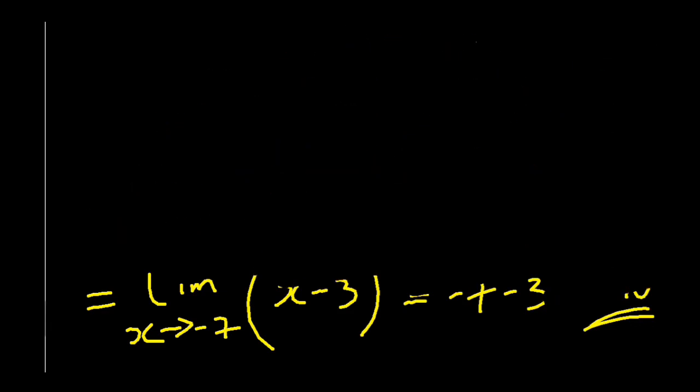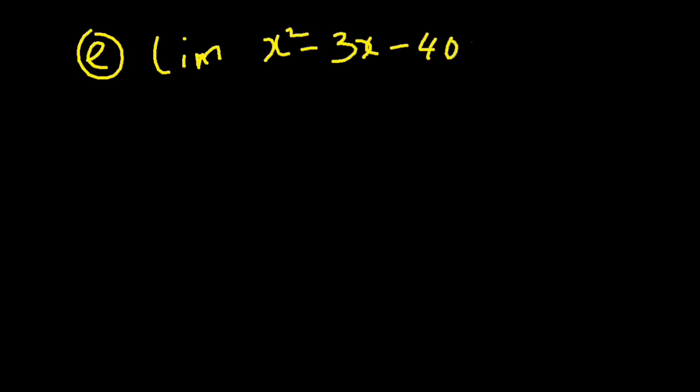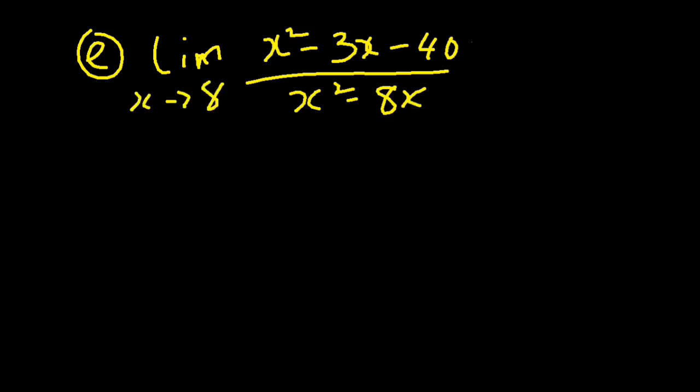Now another example, we have limits of x raised to power 2 minus 3x minus 40 all over x squared minus 8x when x tends to 8.